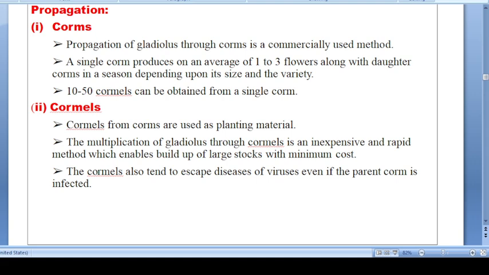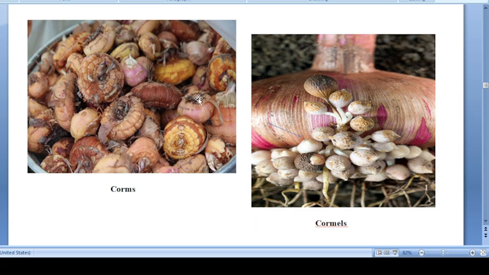Generally, we use the corms, bigger size corms, and from one corm we can get up to 50 cormils. Cormils are small things similar to corms. Here you can see these are the corms and these are the cormils.